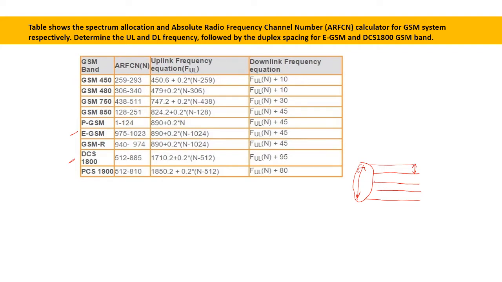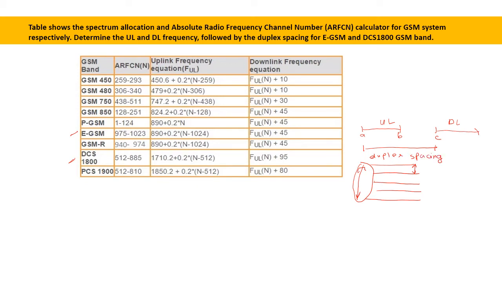If we look at this channel in the frequency domain, we will have the uplink frequency, for example, ranging from A to B, and a range for the downlink frequency, let's say from C to D. Each of the uplink and downlink has a range, and the spacing between A and C is what we call the duplex spacing.